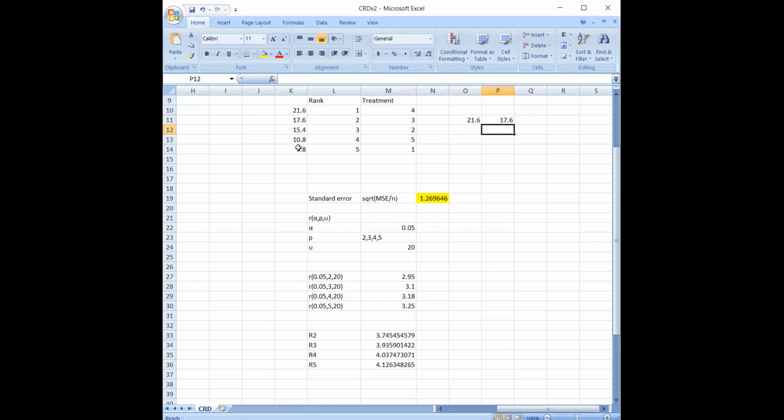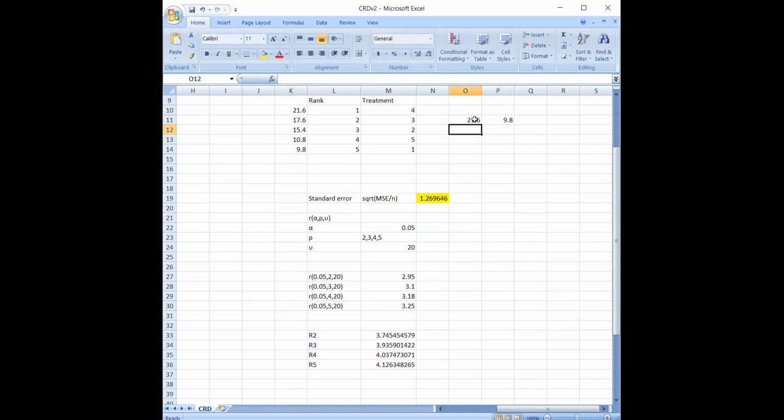But when you do these comparisons, you have to start from the largest, and also the order of the comparisons should always go from the smallest value upward. So when you take 21.6, you compare it with all the 4 remaining mean values, and the smallest is 9.8. So first you compare 21.6 with 9.8.